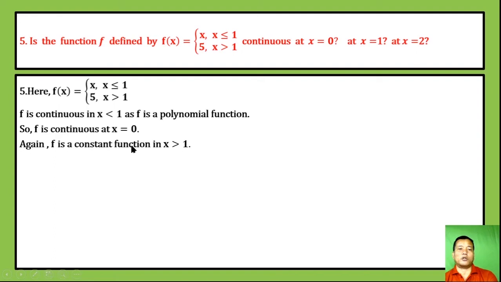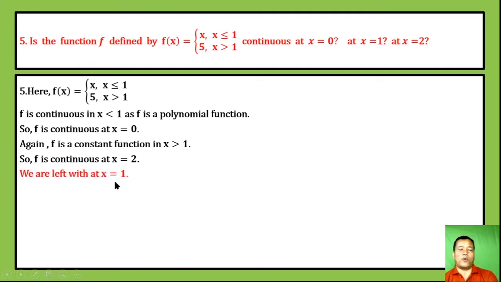Again, f is a constant function for x greater than 1, so f is continuous at x equal to 2. Constant functions are always continuous. We are left with x equal to 1.